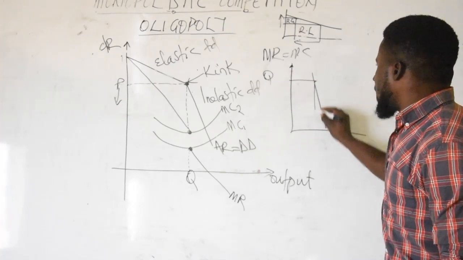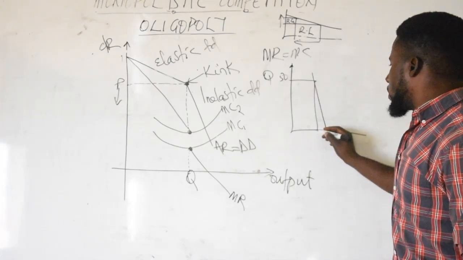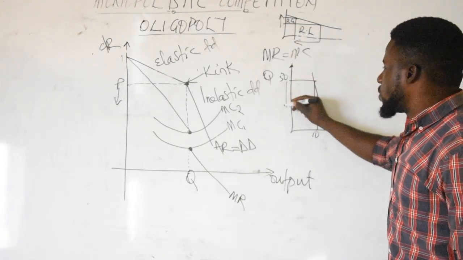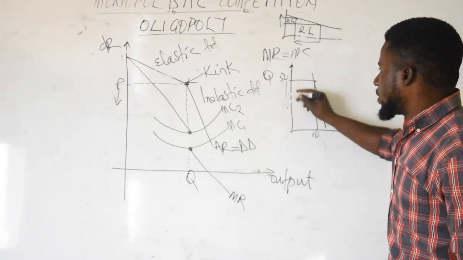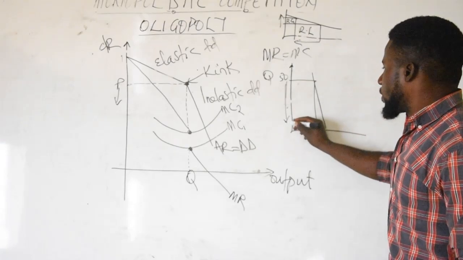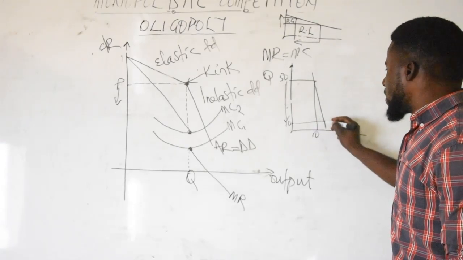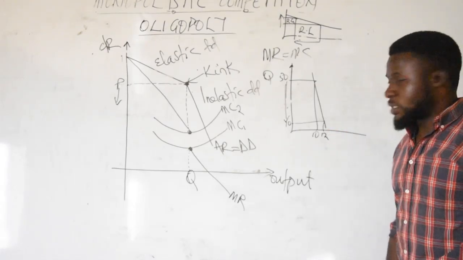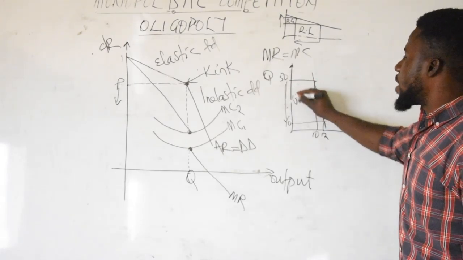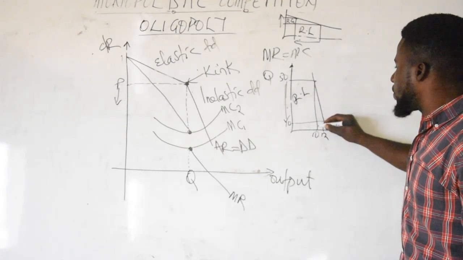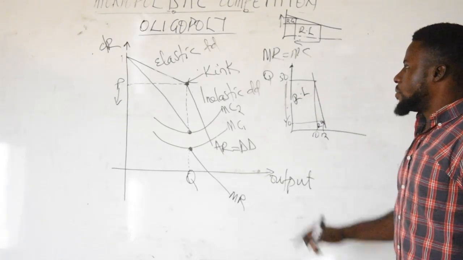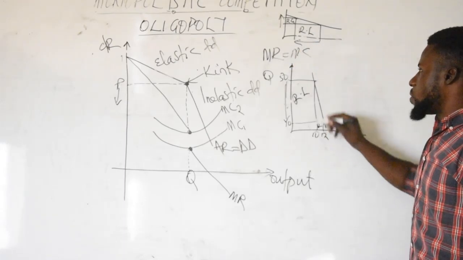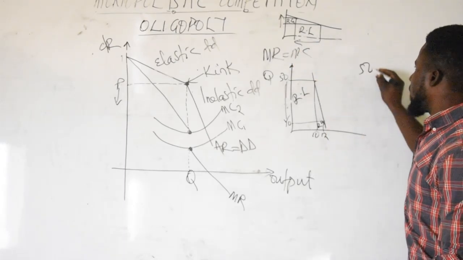Let's say you're selling at 50 francs, and you're selling 10 units. You decide to reduce your price drastically to 10 francs, hoping to increase demand. But demand increases by just 2 units, to 12. You realize that the revenue you have lost will be far greater than the revenue you gain, because previously when you were selling at 50 francs, your total revenue was 50 times 10, 500 francs.